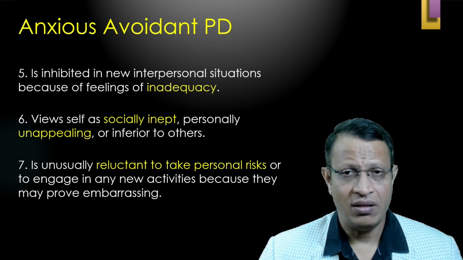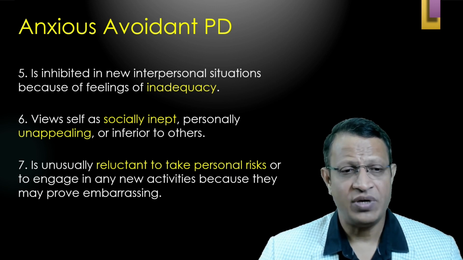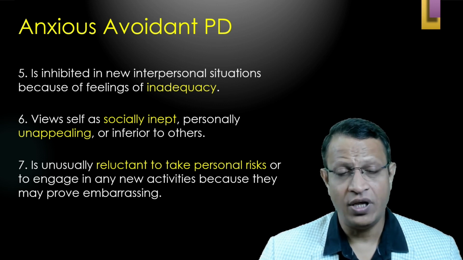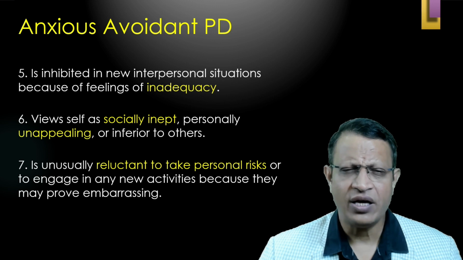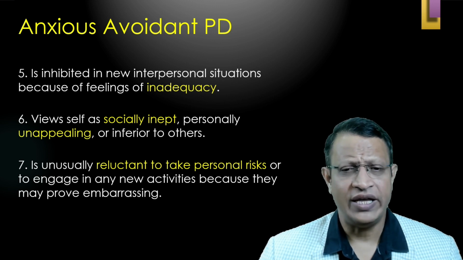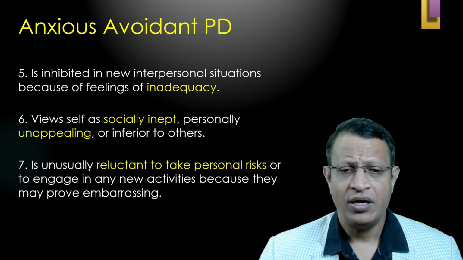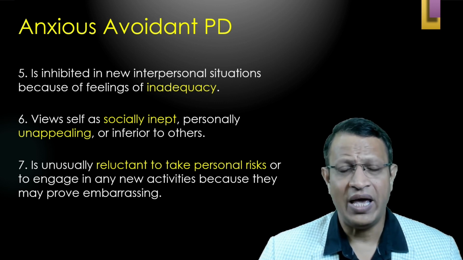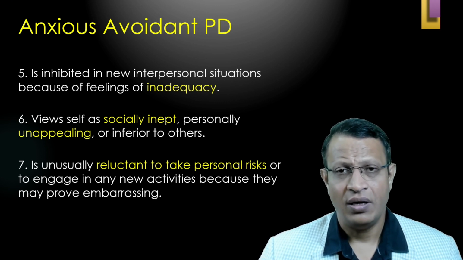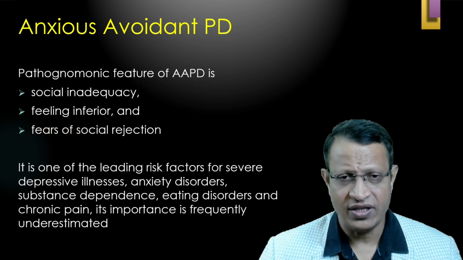They view themselves as socially inept, personally unappealing, or inferior to others. They are unusually reluctant to take personal risks or to engage in any new activity because they feel they may embarrass themselves in public or in front of others.